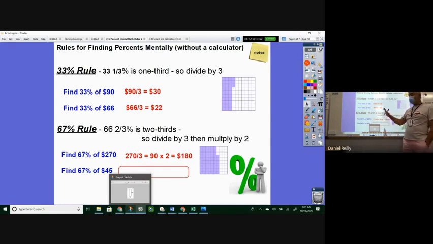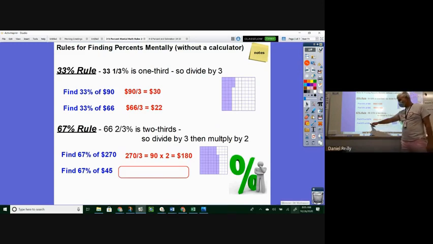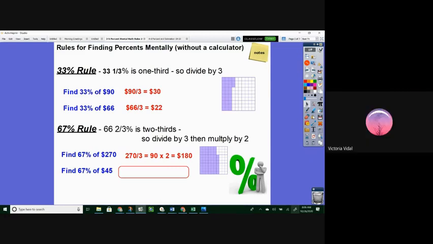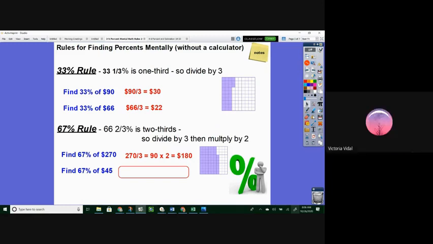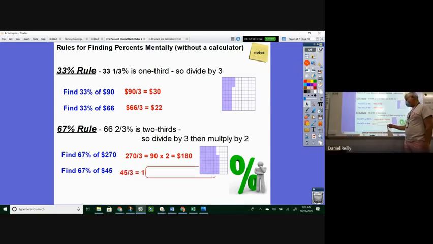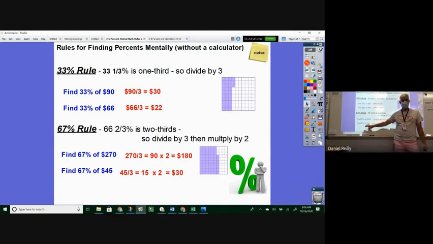But these are very good things to be able to do when you're out there without a calculator, which is probably not very often. 2/3 of 45, 67% is 2/3. 1/3 of 45, 45 divided by 3 is 15, and 15 times 2 is 30. 2/3 of 45 is the same as 67%.